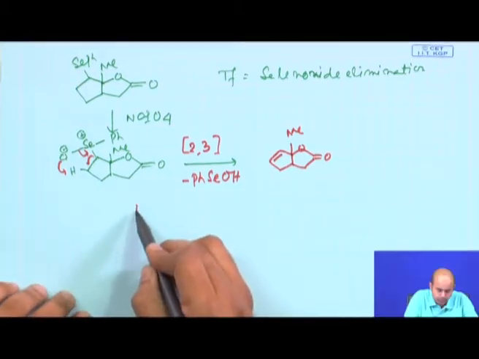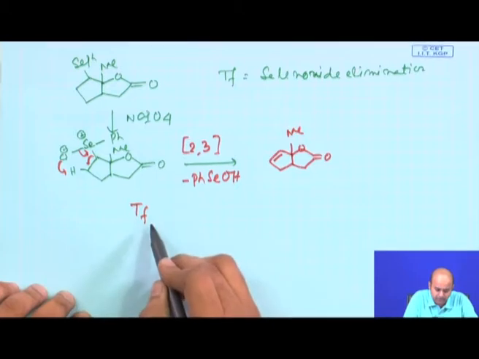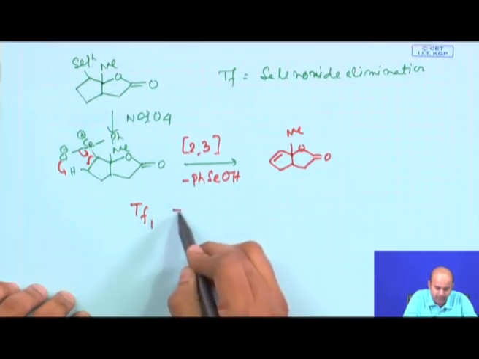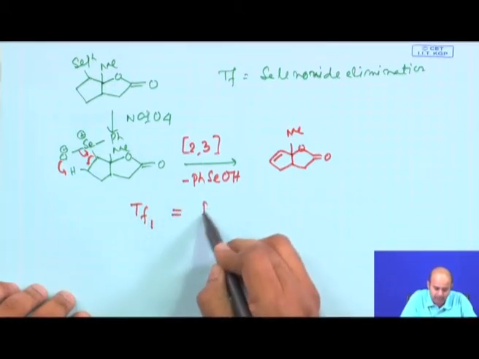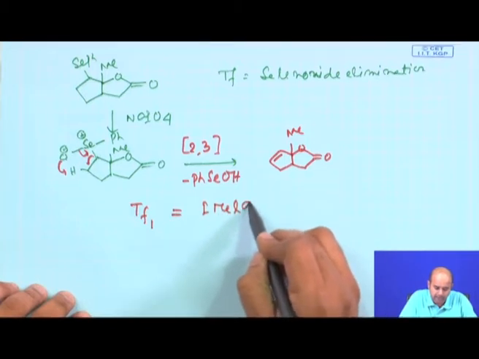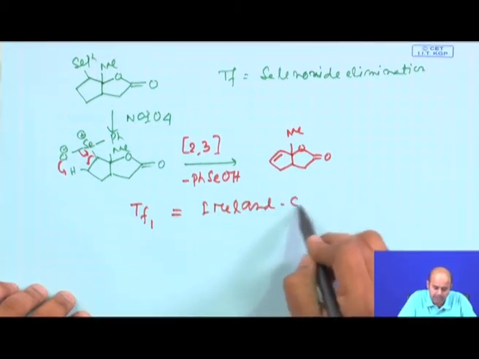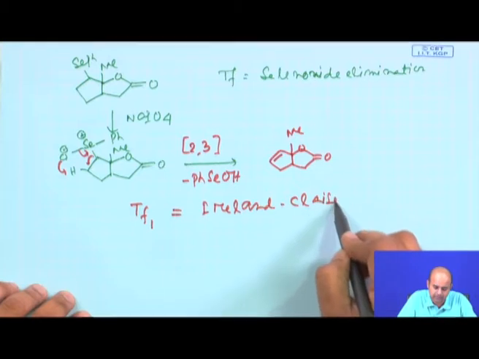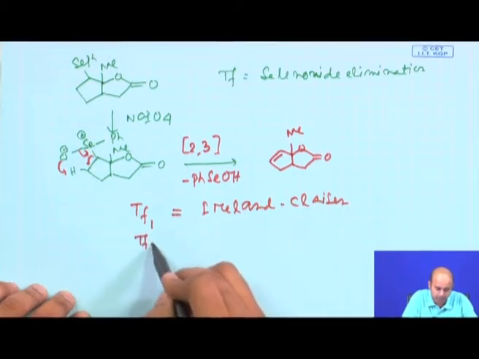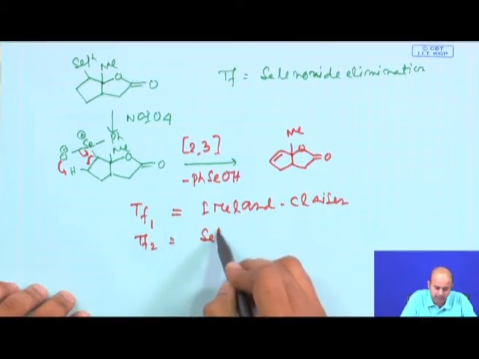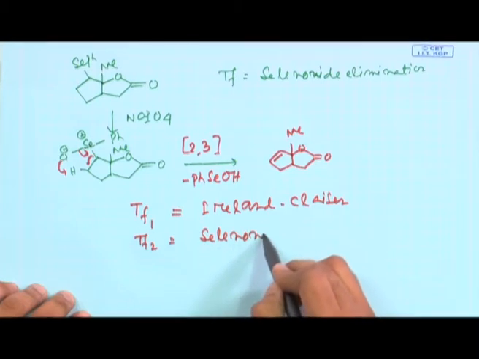So, what are the transformations we used for this particular target? Transformation 1, we use the Ireland-Claisen rearrangement. We use selenoxide syn elimination.